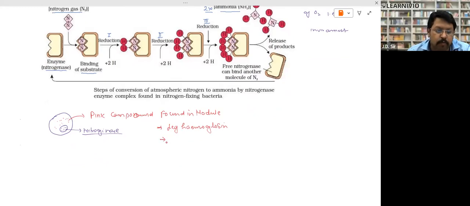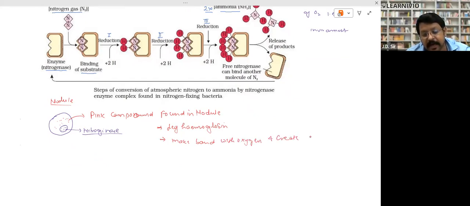So this leg hemoglobin is found in these nodules, right? It is a nodule. So inside the nodule, there is a leg hemoglobin. This leg hemoglobin makes a bond with oxygen and creates anaerobic environment, right?